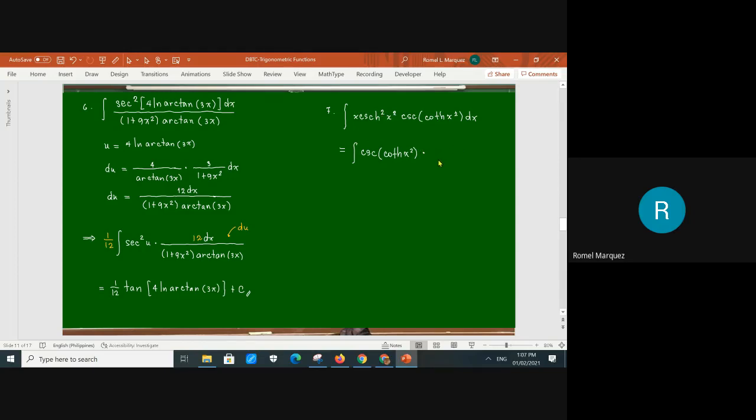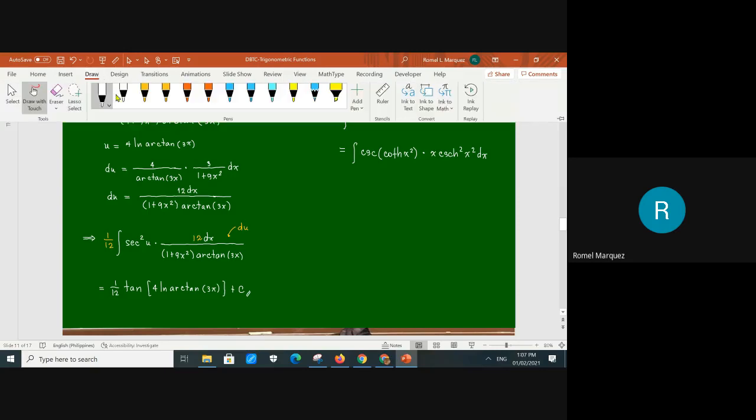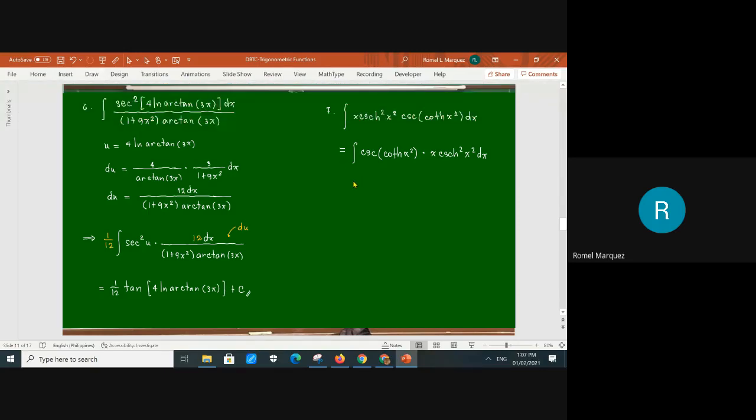And then that's a potential du later. So x hyperbolic cosecant squared x squared dx. So my u here, I'll take it as hyperbolic cotangent x squared.